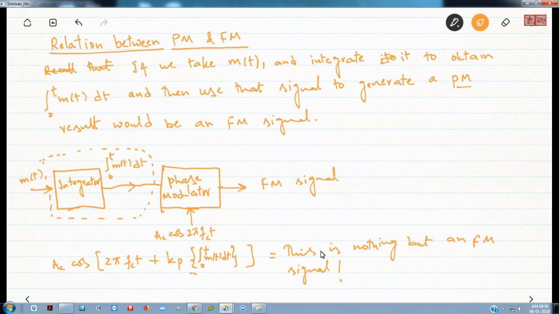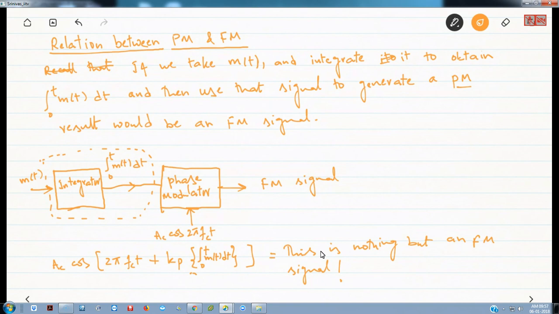Yeah, this concept is pretty simple, but spend two more minutes understanding this. I have a baseband signal m of t. I first integrate that with respect to t, and then apply that to a phase modulator.